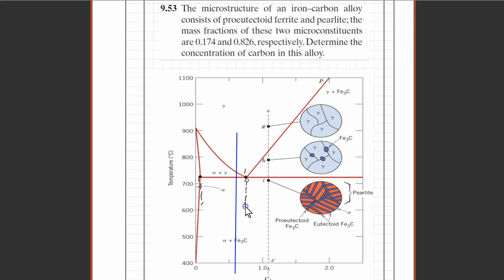When we use the lever rule, this will be our distance A, and this will be our distance B. The amount of ferrite is going to be B divided by the total length of the tie line.